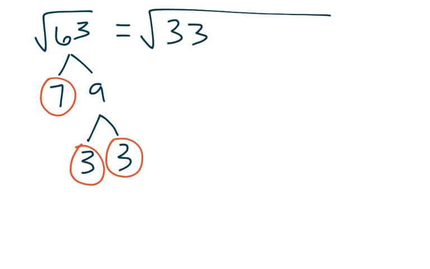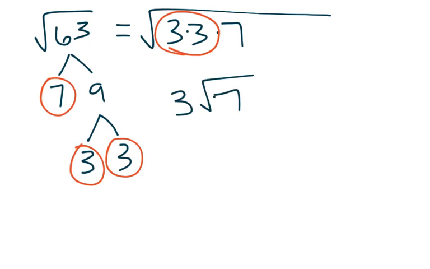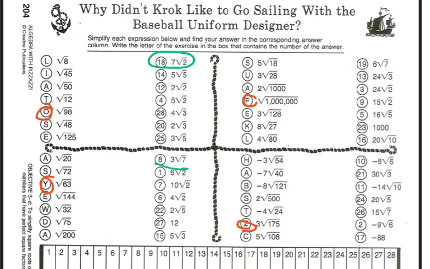So I got 3 times 3 times 7. And you can tell that we have a perfect match here. We have a pair of 3's, and they're going to come out front, but poor old 7 has to stay in. So we have 3 square roots of 7, and that's the answer. And that's weird that they're both on top, but that's okay.